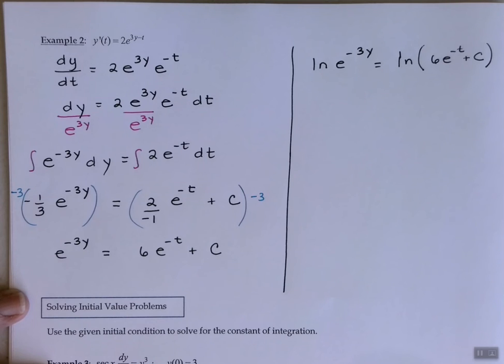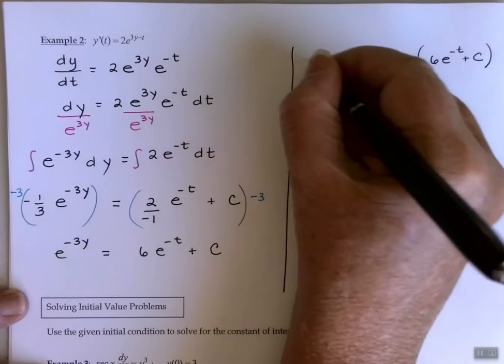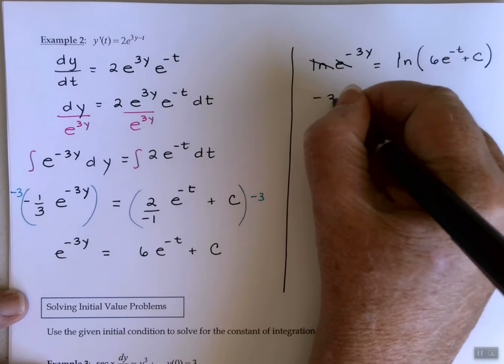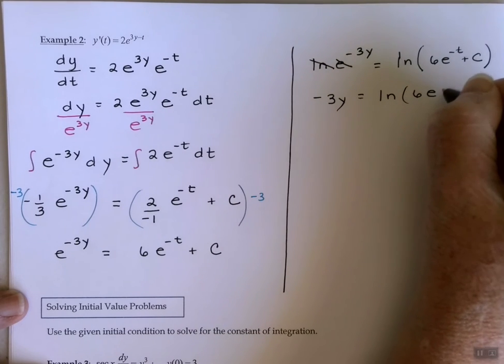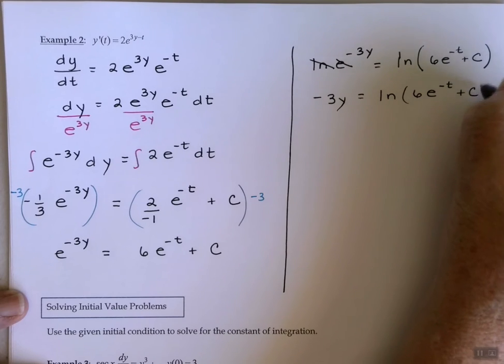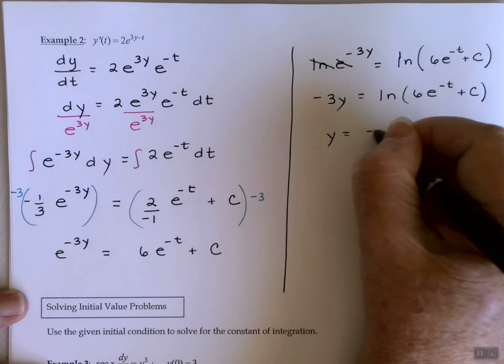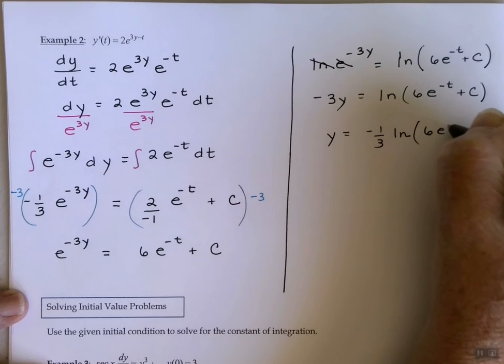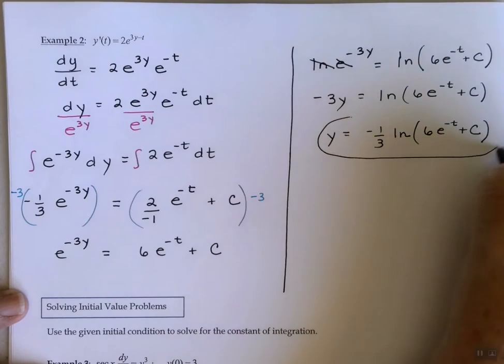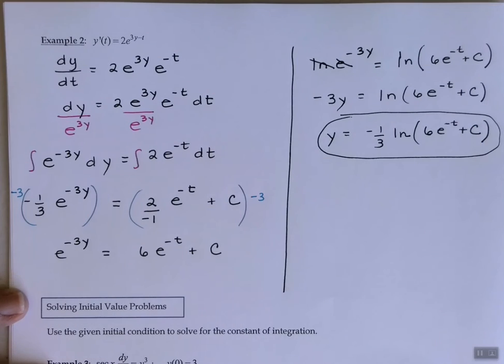Log of a sum cannot be simplified. That's going to give me negative 3y equals all of this. And so y would be negative 1/3 times this natural log. And there's my general equation, or general solution.